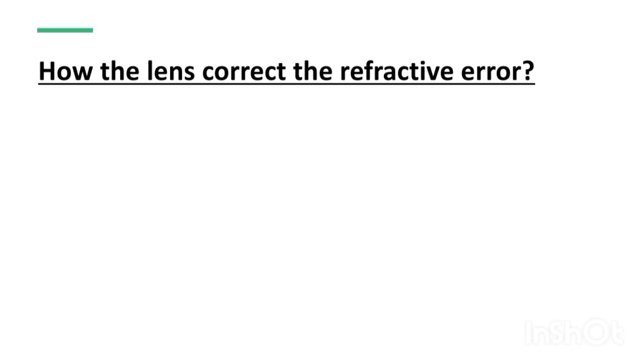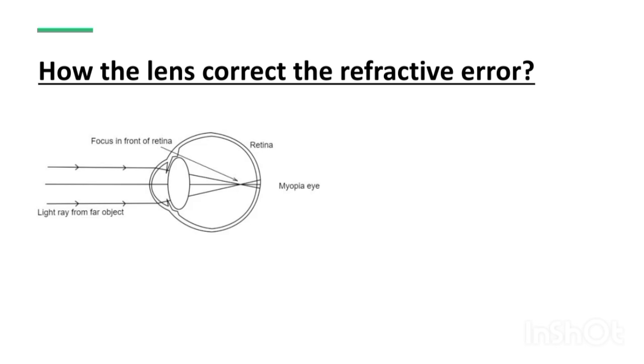So rather than sending parallel rays of light, if we send divergent rays of light, they first become parallel, then enter the eye and focus on the retina. See, these are the parallel rays of light, and they are focused in front of the retina.